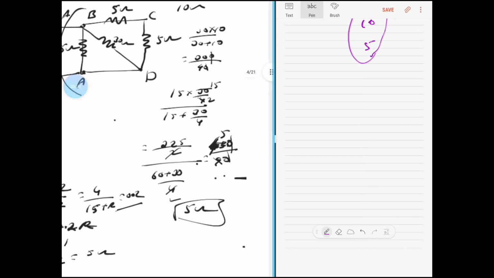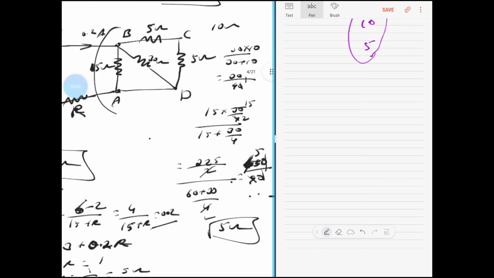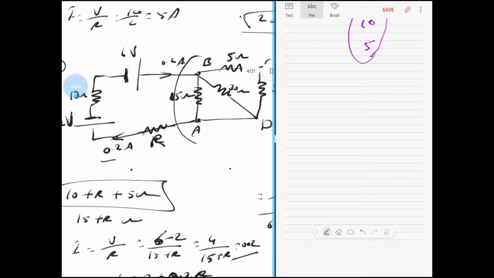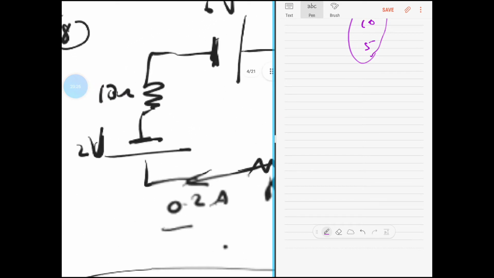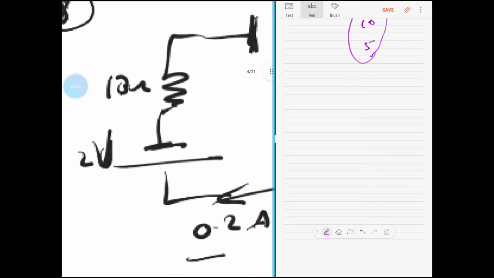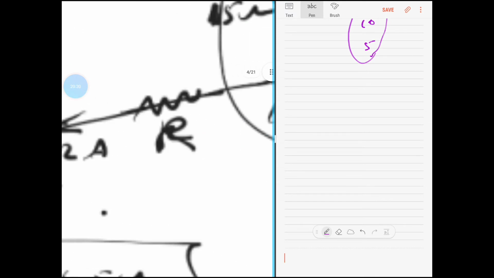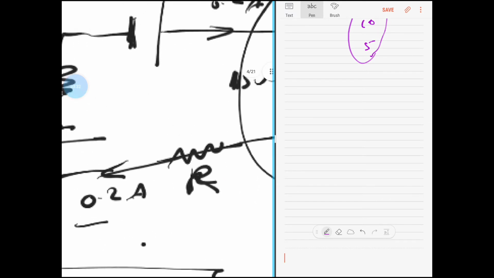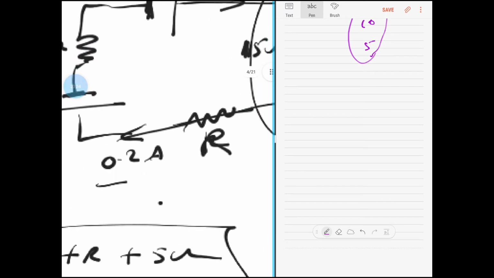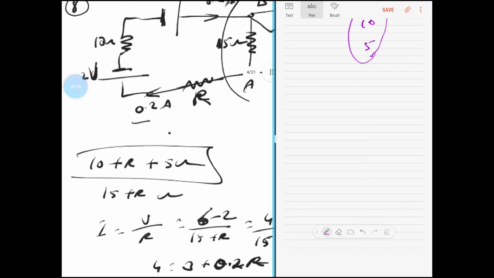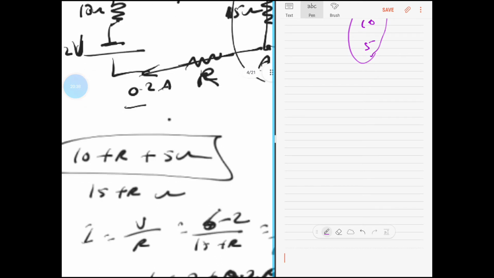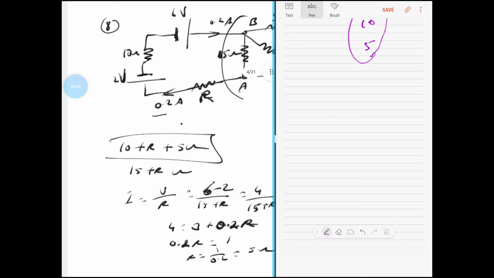Can you see my calculations here? Can you see that there is a 10 ohm resistor? This is a 10, sorry about my bad handwriting, and there is an unknown resistance R. So 10 plus R plus the equivalent resistance of the remaining, which is 5 ohms, will be the total resistance in the circuit.